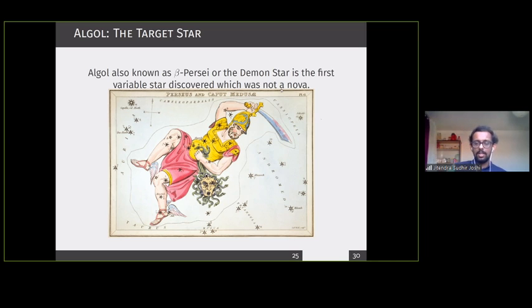So they said it was some demonic activity, and so they called it a demon star. This is the Perseus constellation, and here in the head of Medusa is where they said we have the Algol star. So a nice analogy: Medusa and a demon star here.